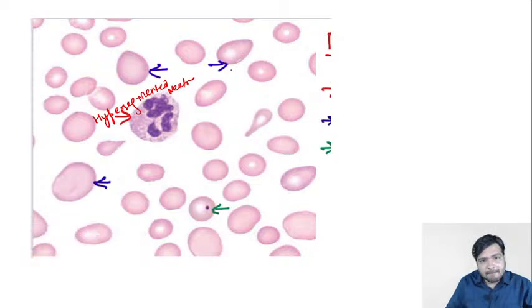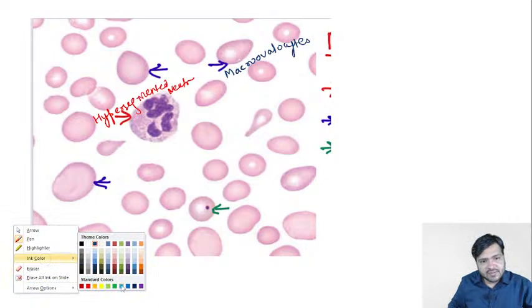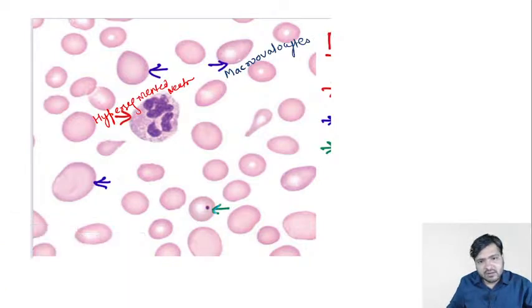These are the macro-ovalocytes, and in green you can very well appreciate the Howell-Jolly bodies. That is in turn a combination that you will see in megaloblastic anemia, guys.